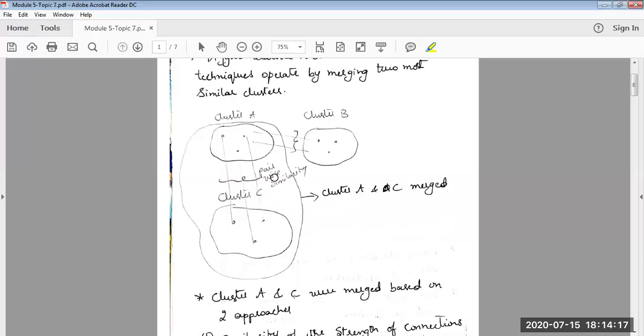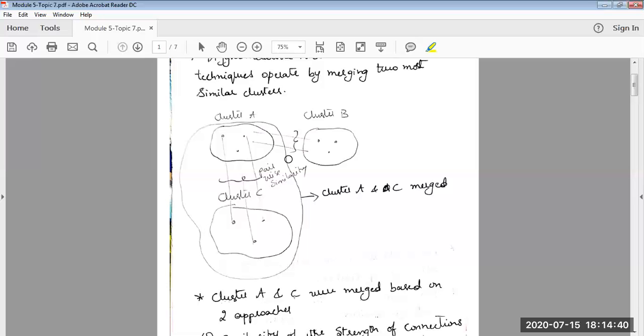For example, in this demonstration you can see cluster A and C have a lower pairwise similarity compared to cluster A and B, meaning that they are the ones that will be chosen for merger. So this was the agglomerative clustering technique, which was discussed in the previous session.